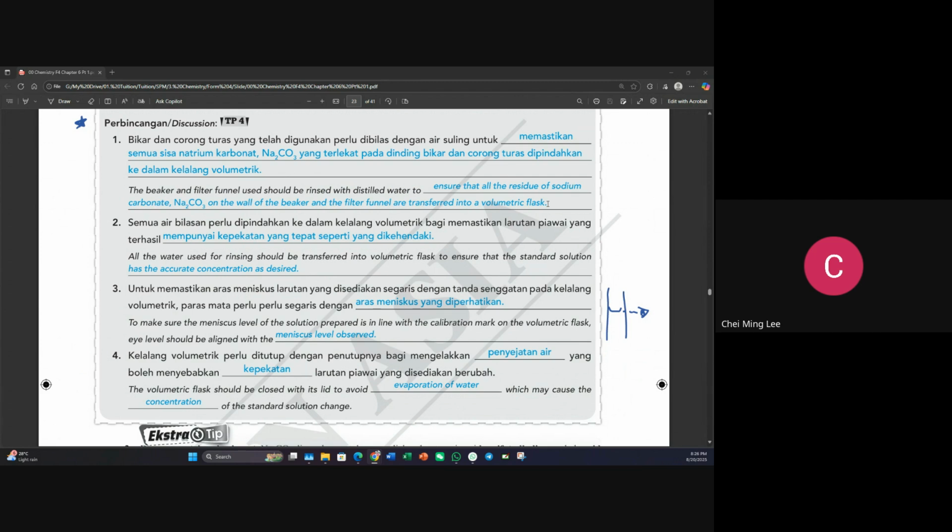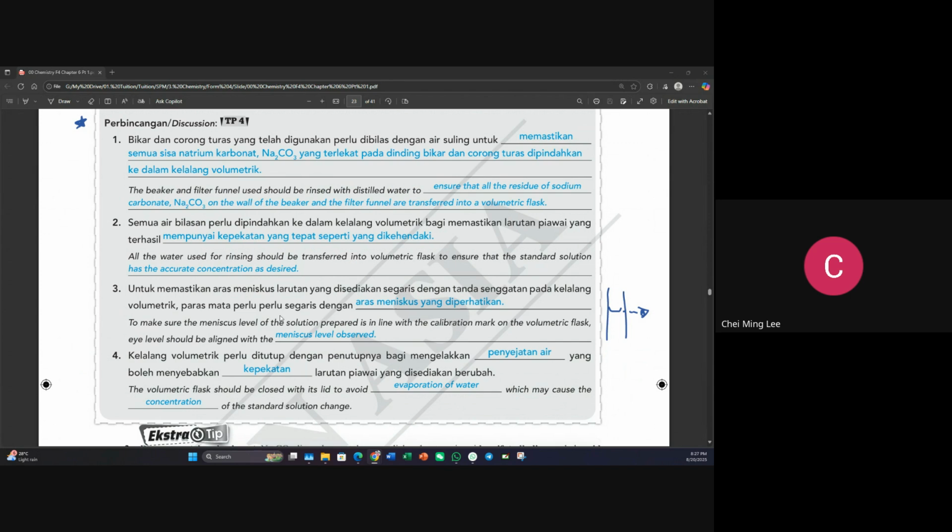All the water used for rinsing should be transferred into the volumetric flask to ensure the standard solution has the accurate concentration desired.